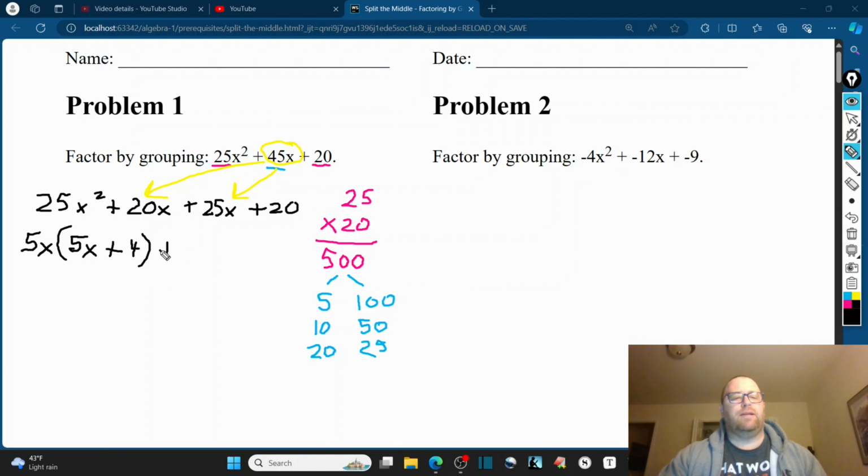The next one, we also want to divide out the greatest common factor of both these two terms, and that's going to be just 5. So if we divide 5 out, 25x divided by 5 is 5x. 20 divided by 5 is 4.